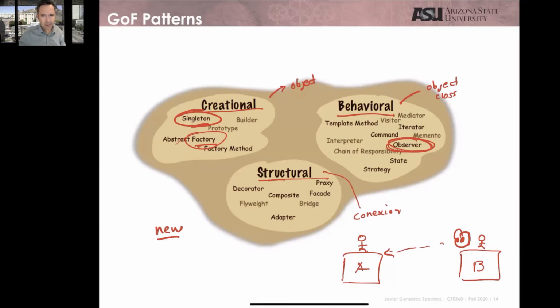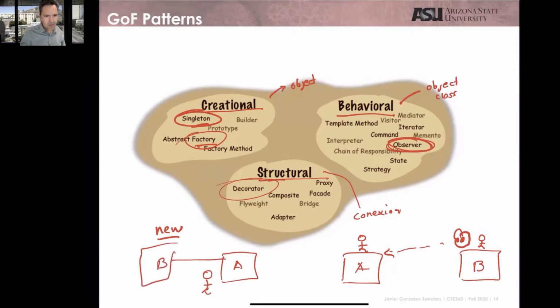Structural. We're going to review this one. Sometimes when you are connecting things, one interesting connection is this: you have an object, a class, and that one is important and is connected with another class.